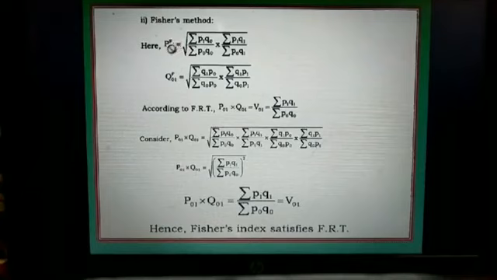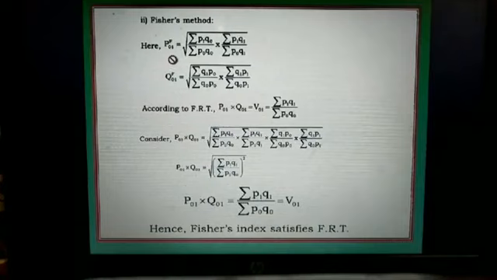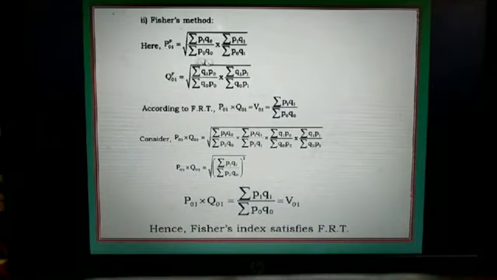Next, based on this Fisher's price index number, when we write it for quantity, we know the formula of the quantity index number also, that is a different matter. But what we are concentrating on now, since it is the factor reversal test, is that factors are to be interchanged. If one factor is P, it has to be changed to Q. That means price is to be changed to quantities and quantities to prices.